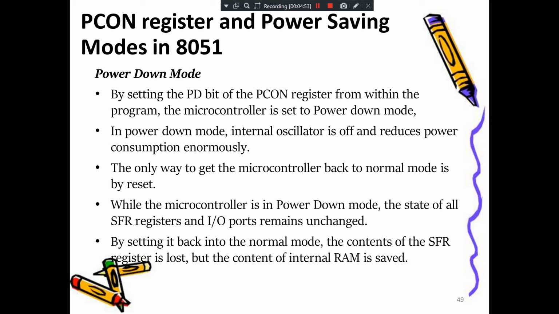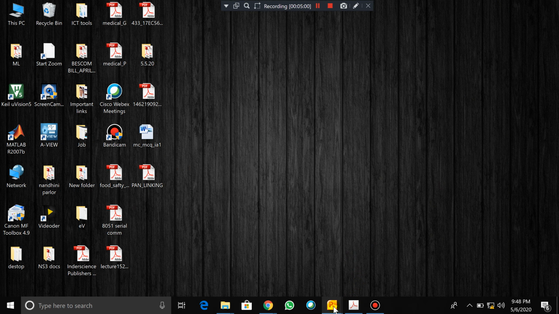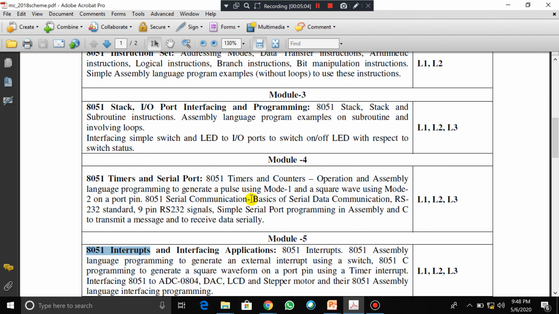Now let us discuss the next topic today, which is a new one. According to your syllabus, we are at module number 4. I have planned a few more programs on serial ports in assembly as well as C, which I will do in the next class.